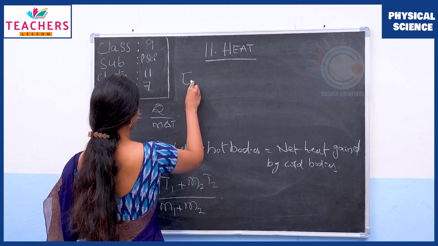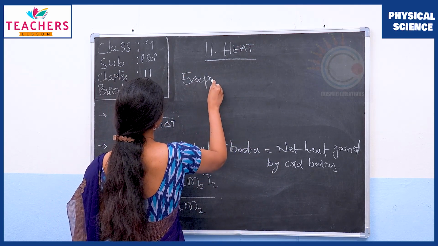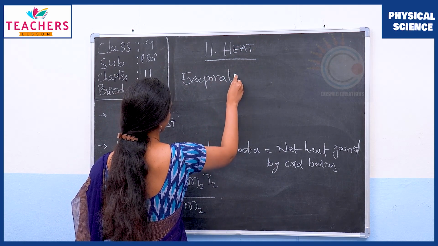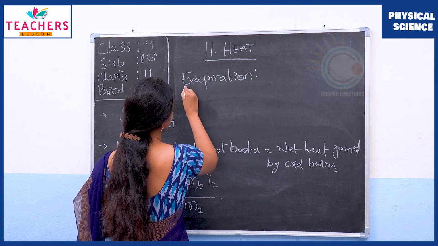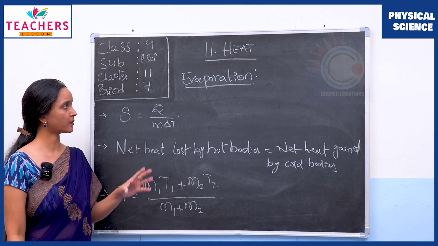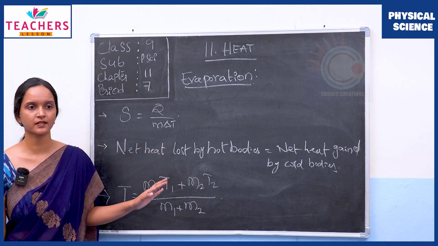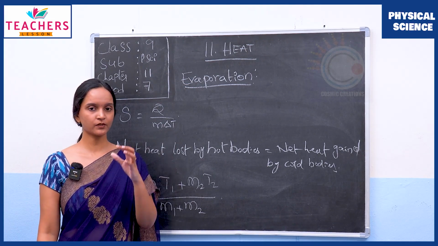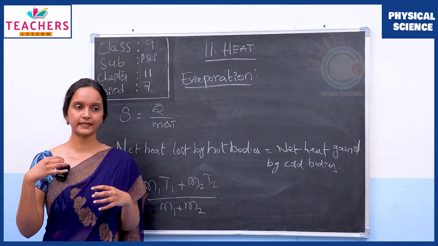And after that, what did we talk about? We talked about the process of evaporation. What do we remember about evaporation? This is a process wherein the molecules from the surface of the liquid escape.